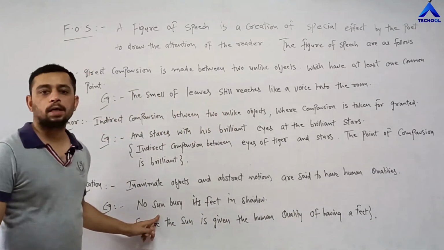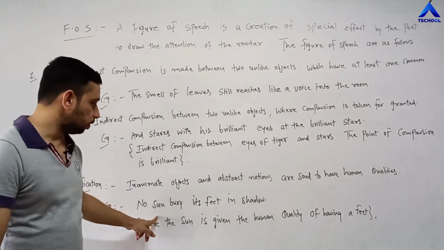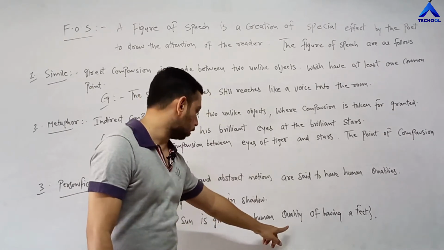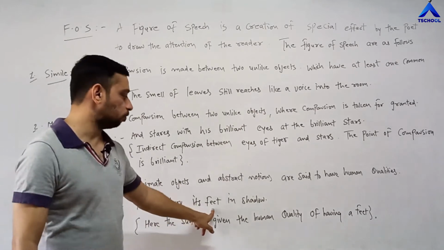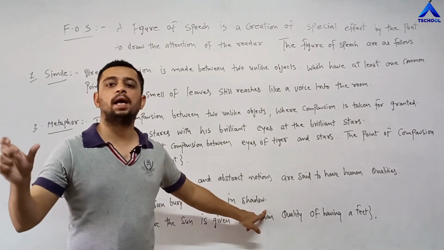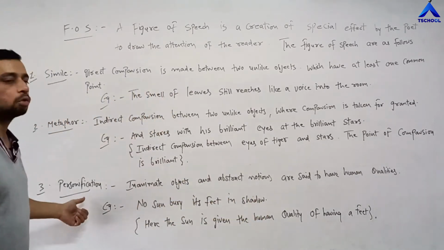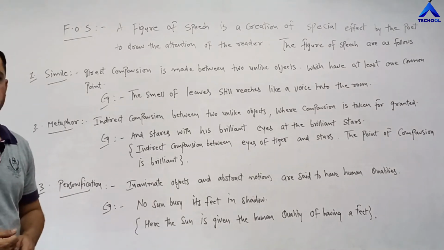The sun cannot have feet, but it is still given the human quality of having feet. No sun buries its feet in shadow. When you read this kind of line in the poem, this line is known as personification.